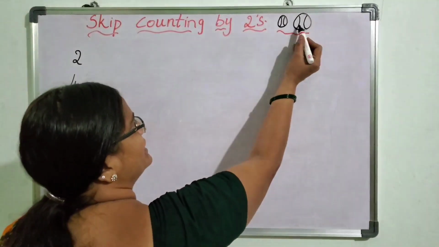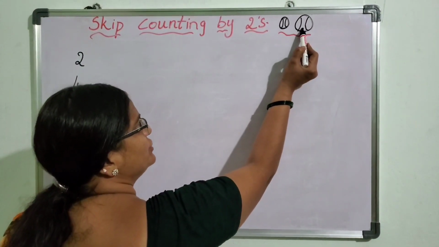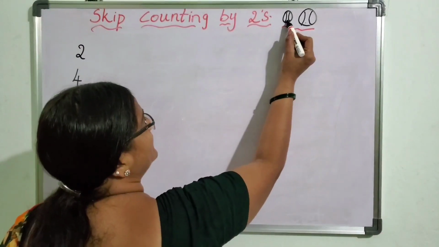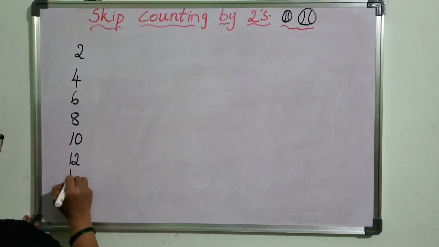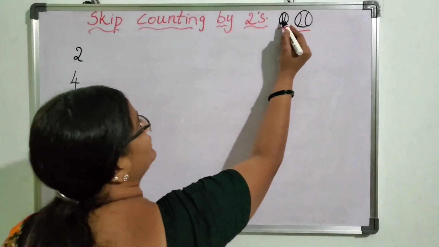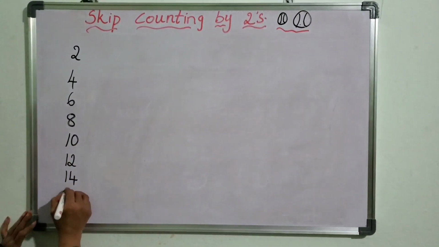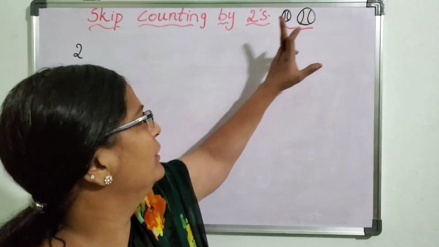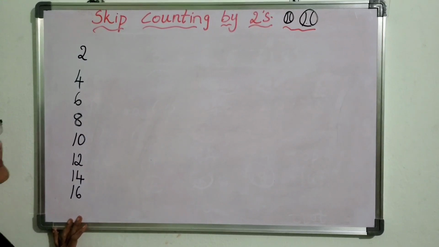Now, next, 10 finished. Next, 11, 12. 13, 14. 15, 16. Whatever number comes to this big ball, you should write down here.